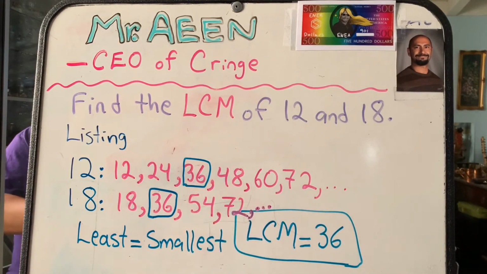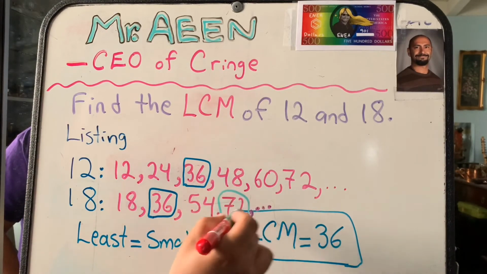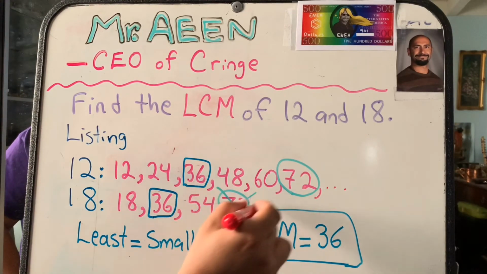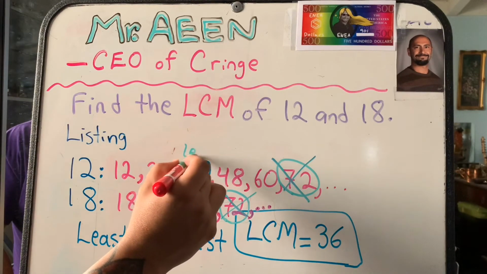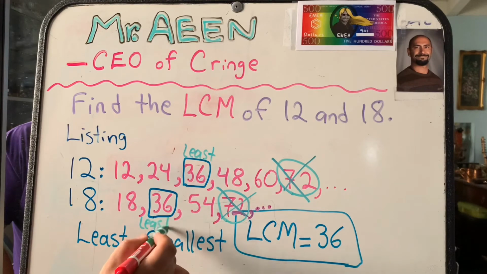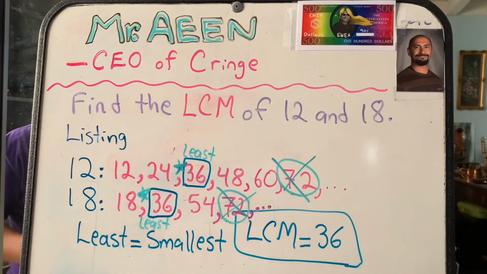And as you can see, there's another common multiple, 72. But that's bigger than 36, and you don't want that. So we cross that out. So you just want the least common multiple, which is the first one you find. And here it is 36.